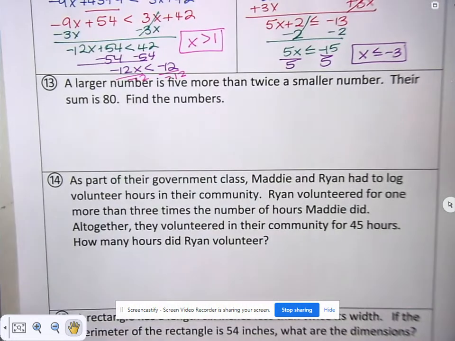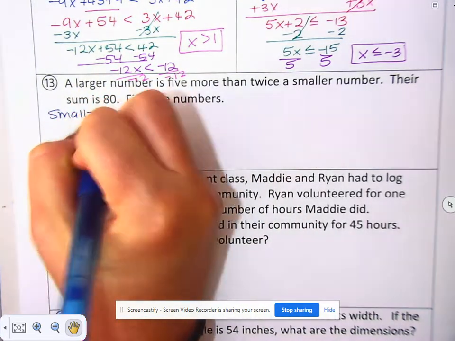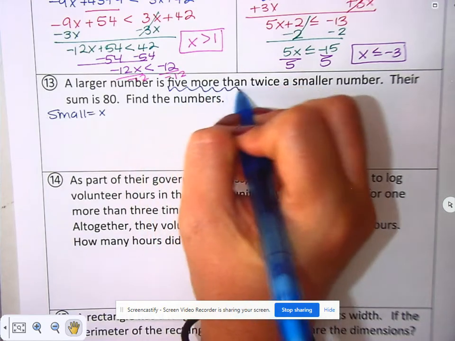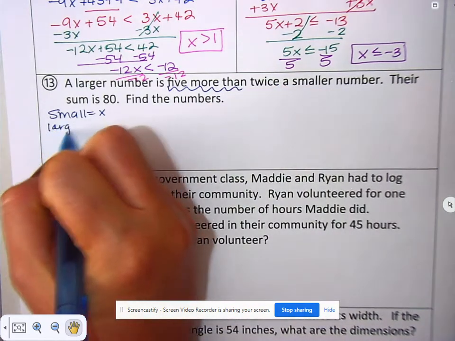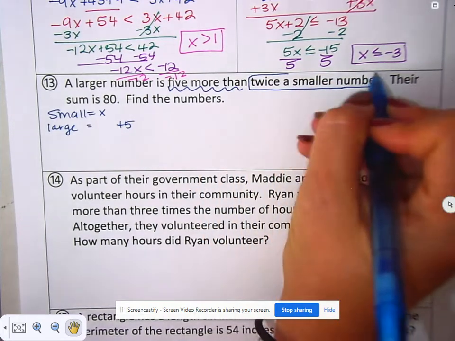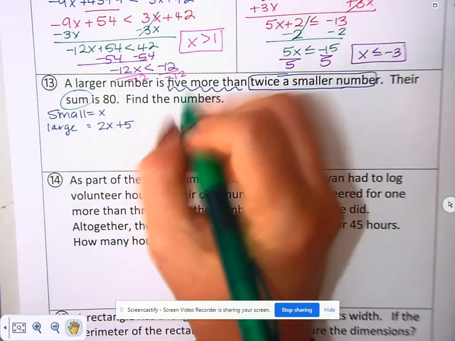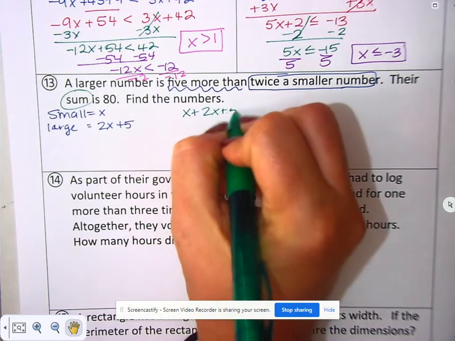Okay, word problems. Remember, first thing is define them. So here the smaller number is going to be x, and the larger number is 5 more than twice the smaller number, which means 2x plus 5. All right, sum means we add.